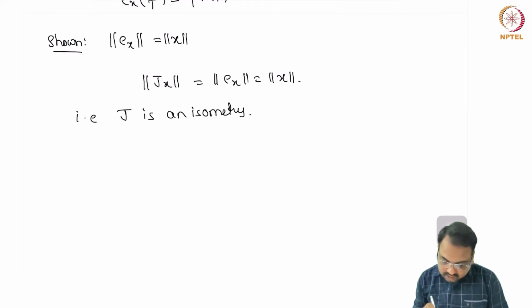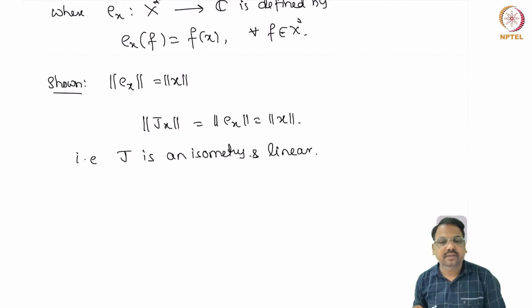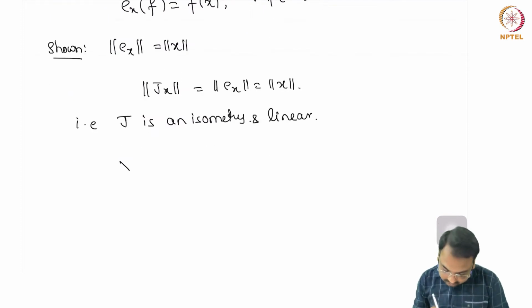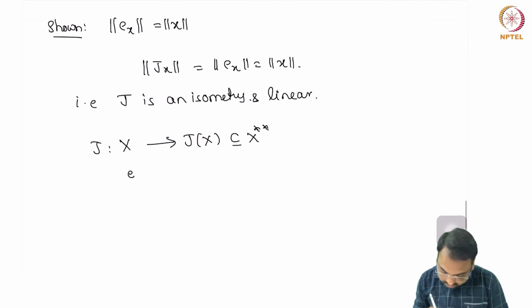It is easy to check that J is linear. So now we can consider J from X to J(X), the image of X under J. Now this is a subset of X double star, x going to Ex.